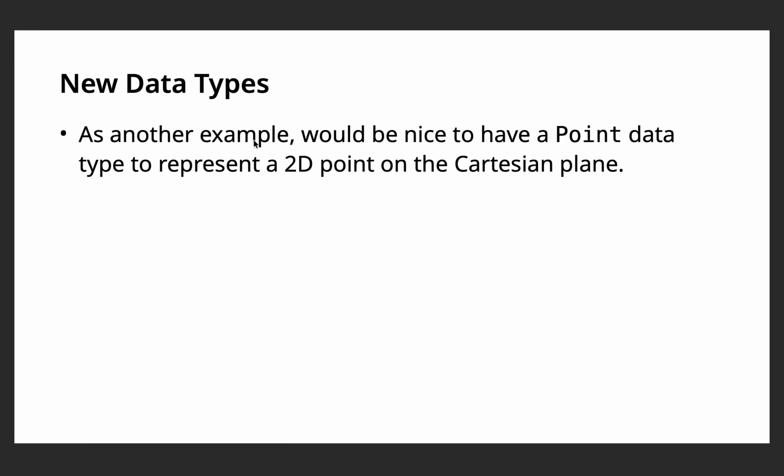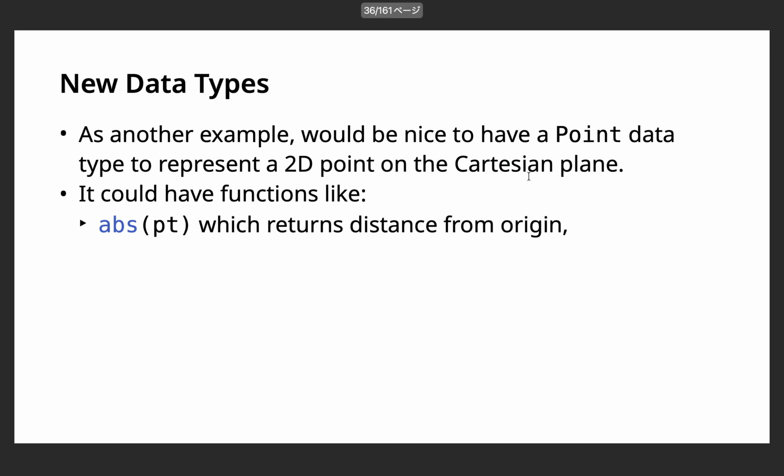So let's go to a simpler example first. From city data, let's move on to a point. So a point is basically something that has an x coordinate and a y coordinate. So if we want to have functions that involve that point, some functions that we could include are, let's say, getting the distance of the point from the origin.